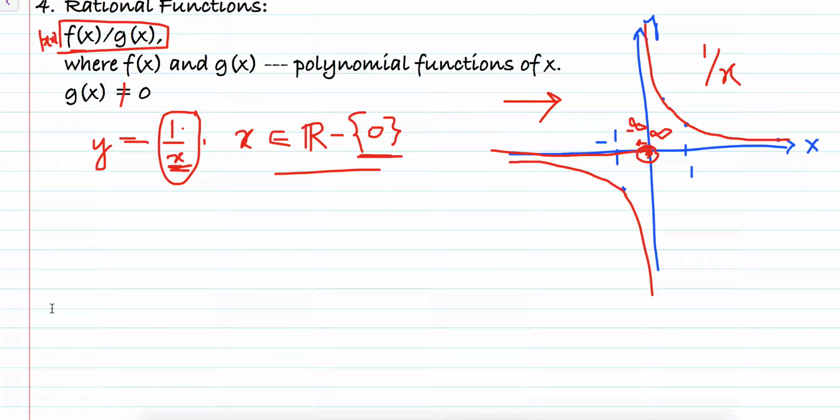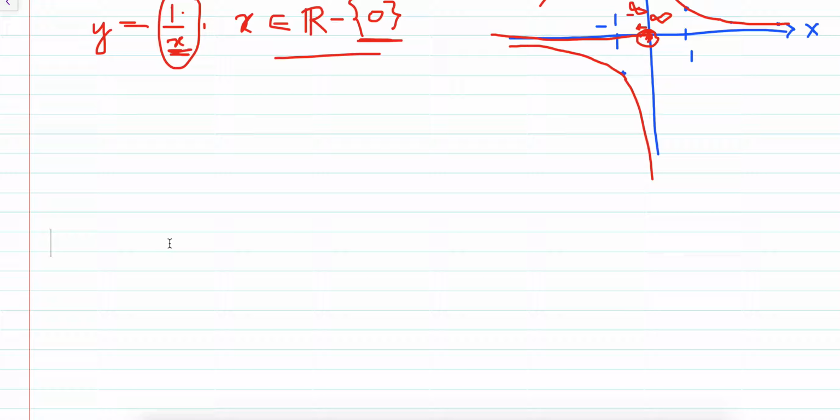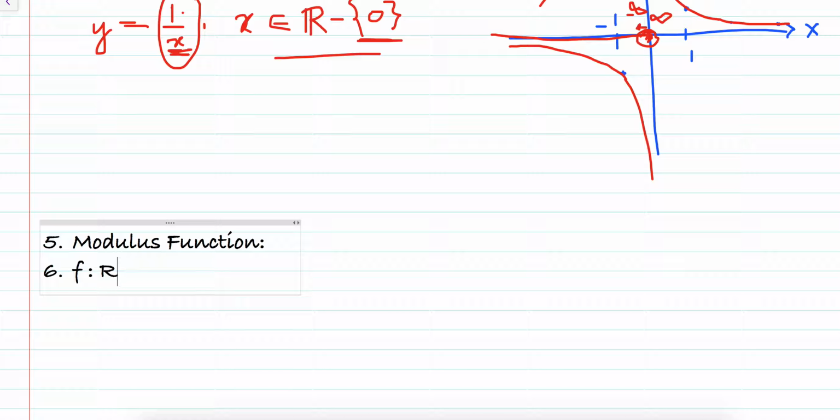So the next type of function that we will study today is the modulus function. So it's a function defined from R to R, defined as f of x equal to, denoted by these two vertical bars and x, and it's read as modulus of x.